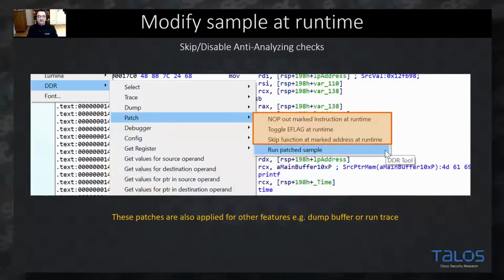We can just execute our malicious functions. So you can skip the function and fake any return value which you would like.